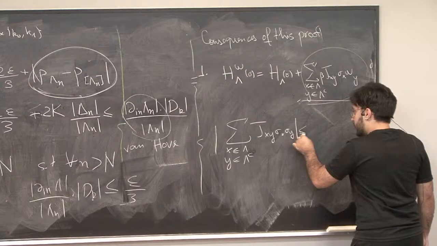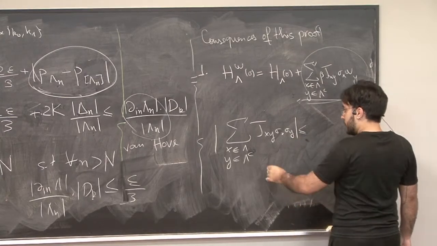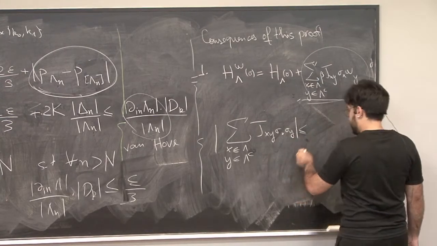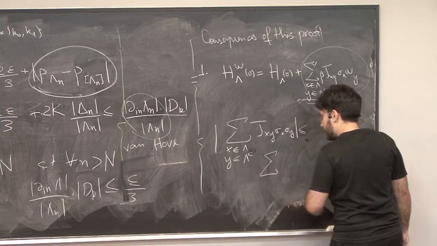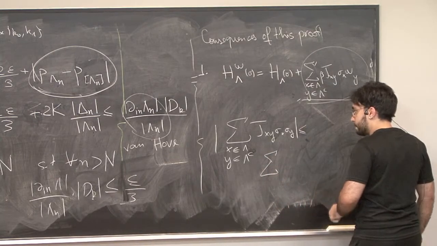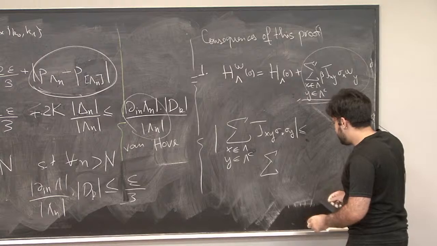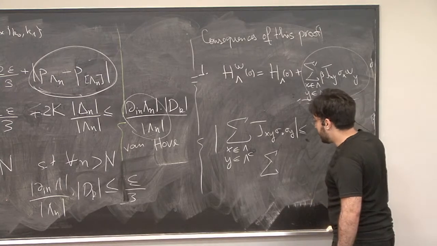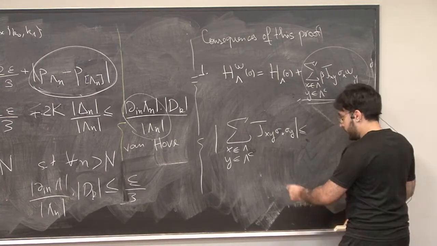So this is actually less than the sum over x in the box lambda and y outside a ball of radius r for each x.